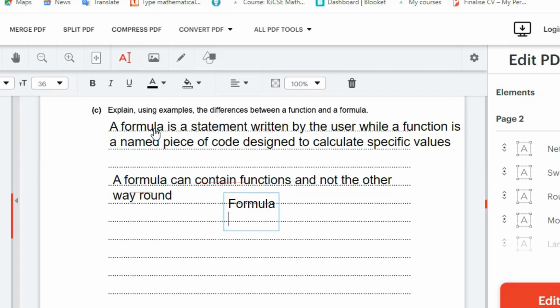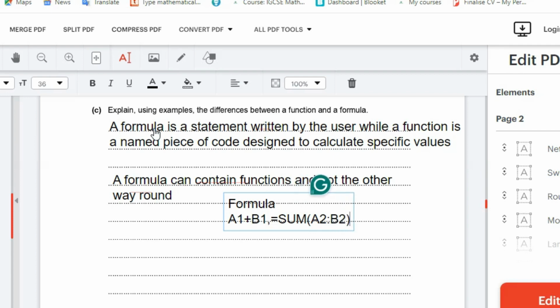You have A1 plus B1, equal to sum, open brackets, A2 and B2.